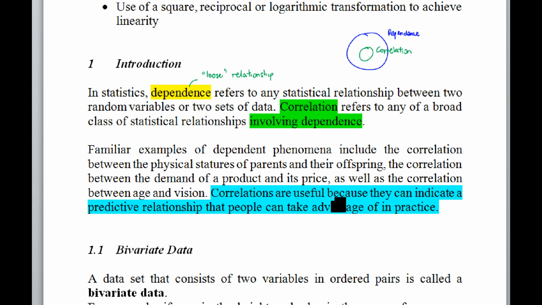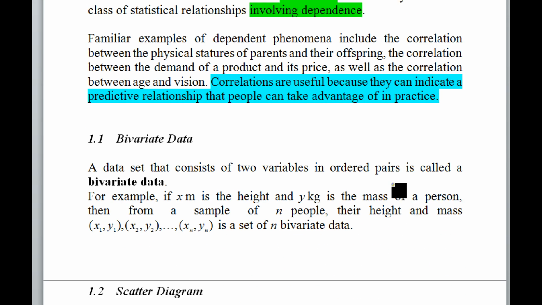Okay? What is bivariate data? Remember when we did normal distribution, hypothesis testing even, we were talking about one data, whether it's height or pizza delivery. We are talking about one set of data. Only one type of data.